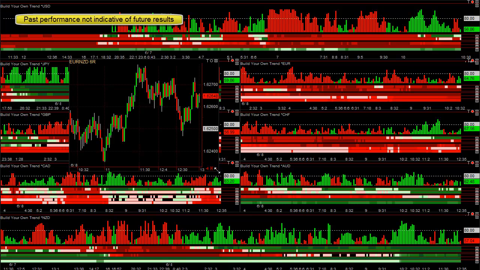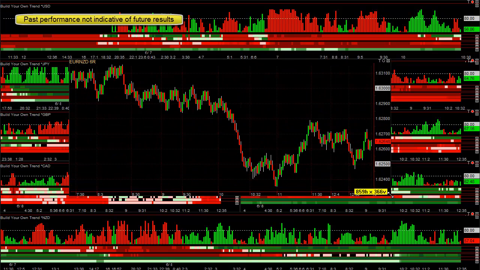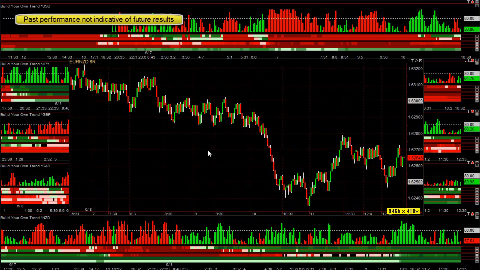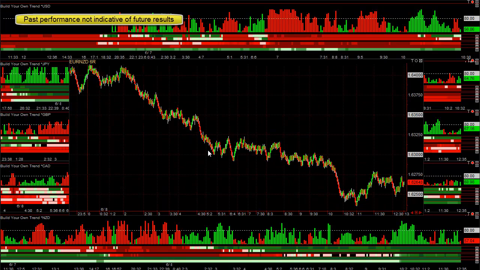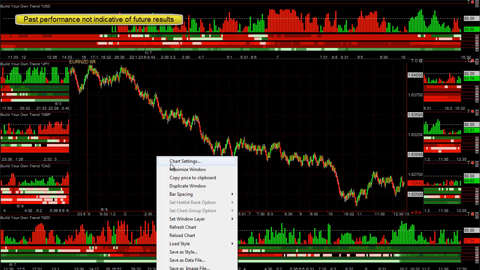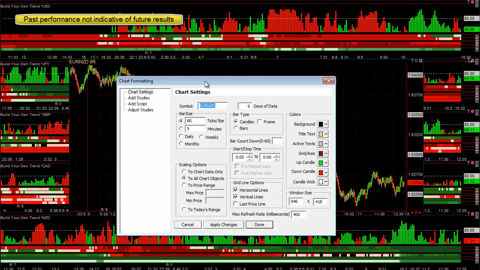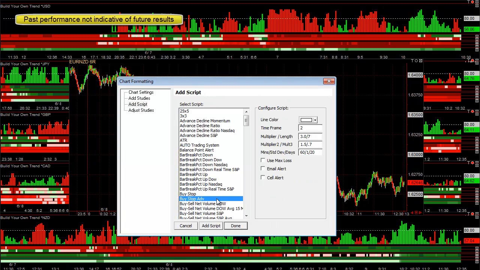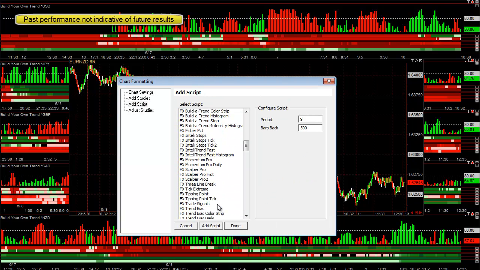Scroll this chart over, make it bigger. So the euro was super weak, the New Zealand was very strong, and if you add the FX trade signals to it, you could be looking for trades on this. And this spots some of the trades that we recommend and teach based on chart patterns, but it doesn't find all of them. Some of them are very hard to teach a computer to do.